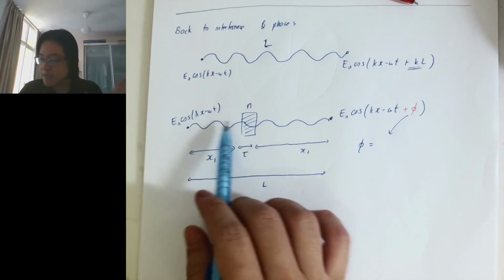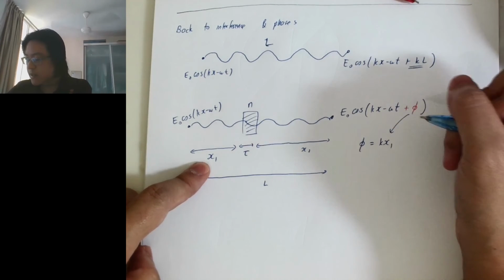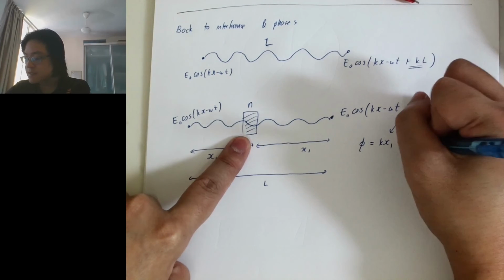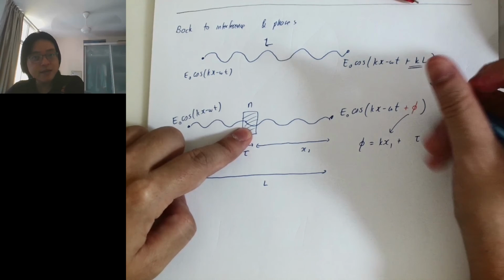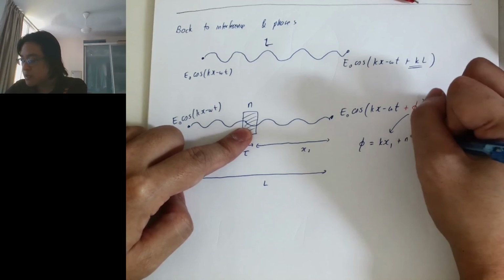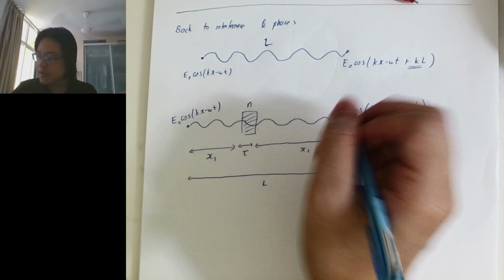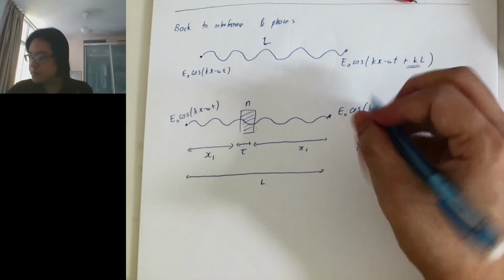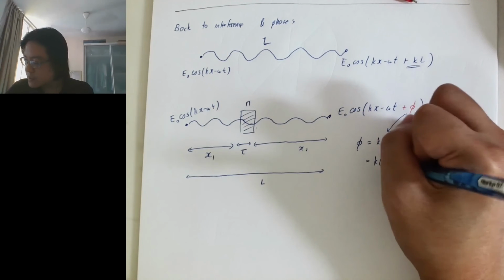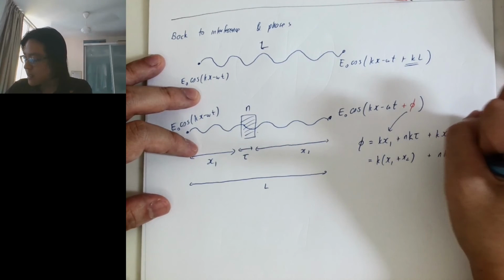If I travel a distance of x1, the phase change will be kx1, and then traveling through the material, the phase change is k times the thickness, but inside this material the wave number changes to nk. Then I travel another distance, kx2. Putting these together, k(x1 plus x2) plus nk tau.